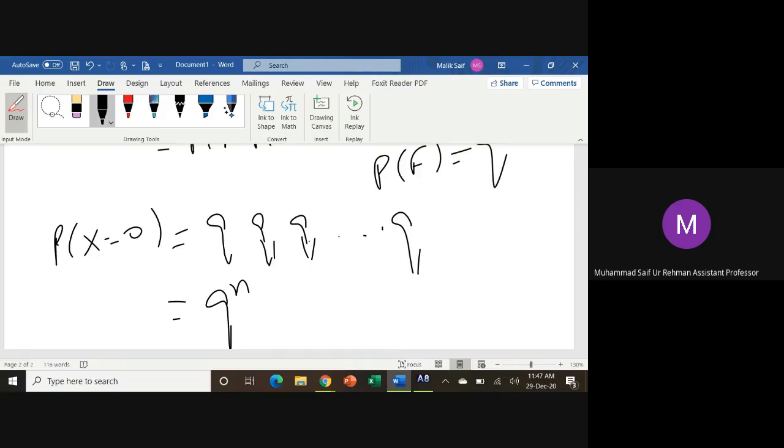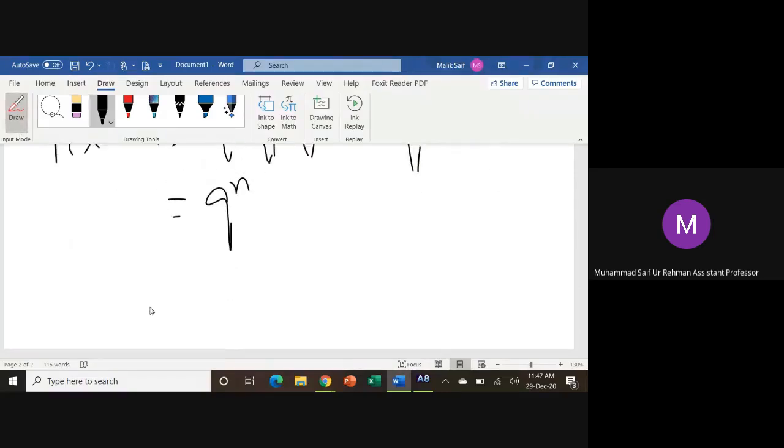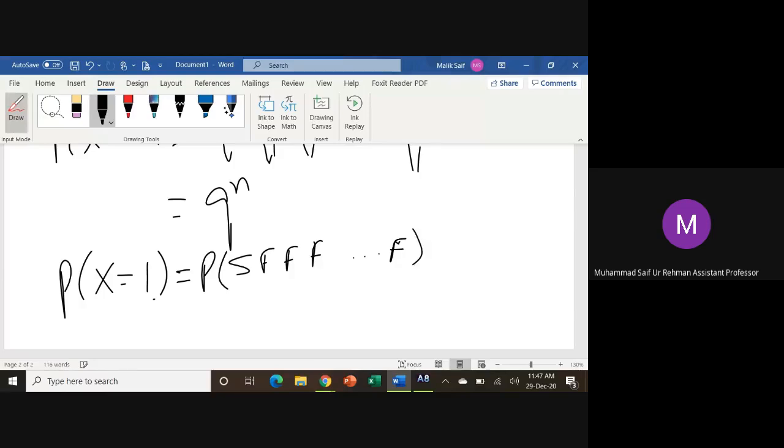Now see, what is the probability that there is only one success? You can write it as probability of X is equal to 1. Only one success is there.